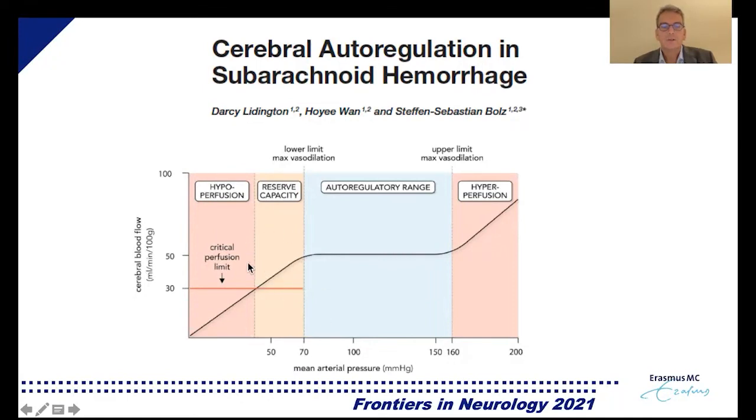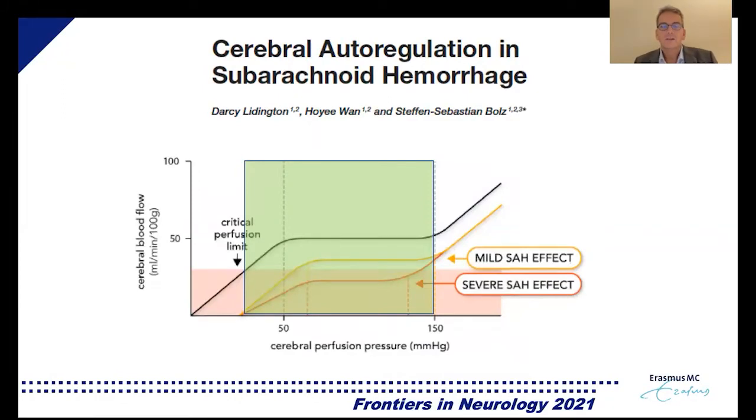Eventually, when blood pressure becomes too low, the reserve capacity is exhausted and the cerebral blood flow will diminish and be insufficient. On the other hand, when blood pressure becomes too high, you will have a hyperperfusion syndrome, which can lead to brain edema.